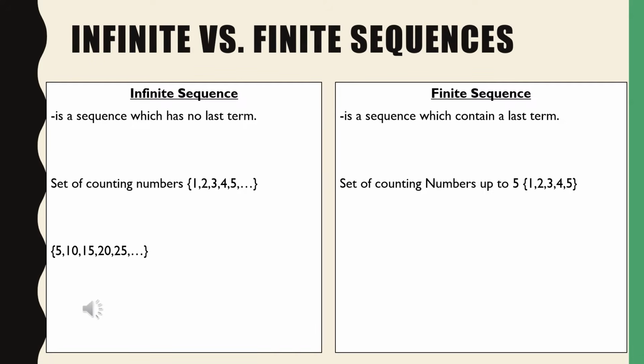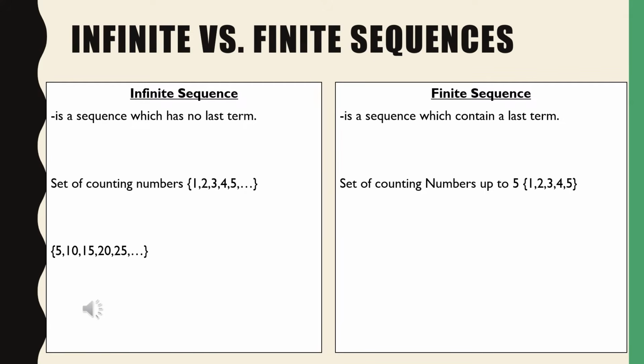Next, suppose we have the set containing 5, 10, 15, 20, 25, and so on and so forth. That means this sequence is an infinite sequence. After 25, we can have 30, 35, 40, 45, 50, and so on.